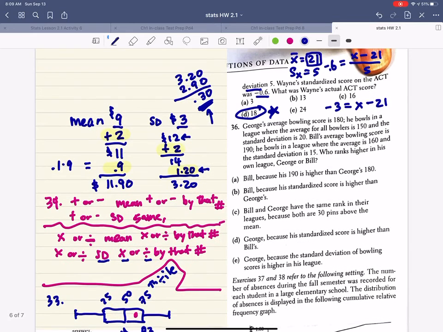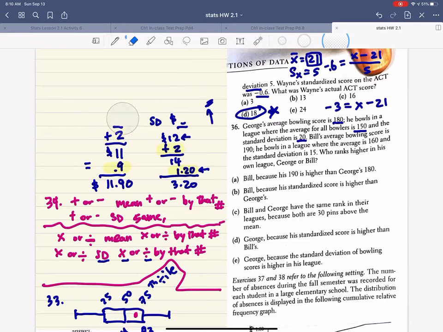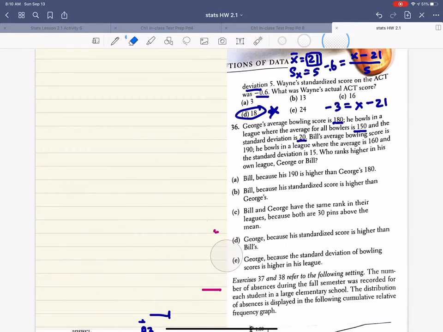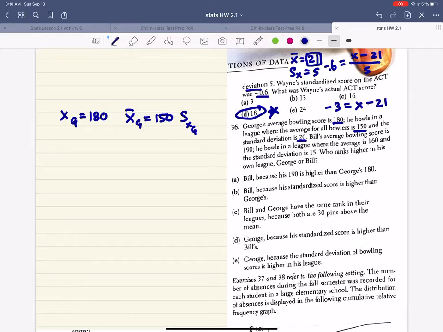All right, 36. It says George's average bowling score is 180, and he bowls in a league where the average is 150 and the standard deviation is 20. So I need a little bit of room here. George's score is 180, and the average in George's league is 150, with a standard deviation in George's league of 20.